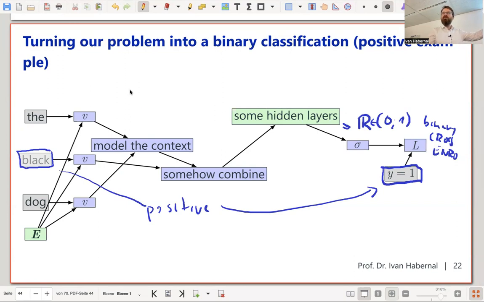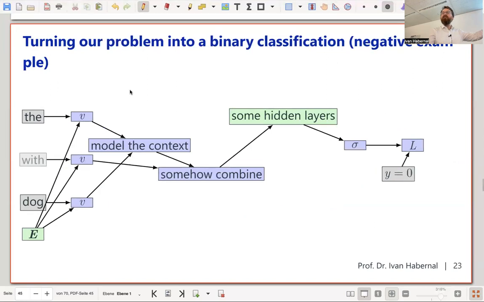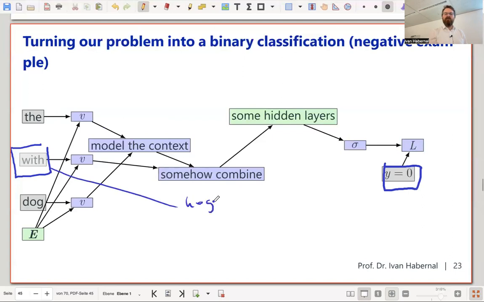Any questions? This is a negative example because I replaced dog with something nonsense, like "with", and for "with dog" the model should say, no, this is a false context. It didn't happen. This is negative. So this is the binary task we're trying to solve, just to make it very clear. How we solve it is we somehow model the context.